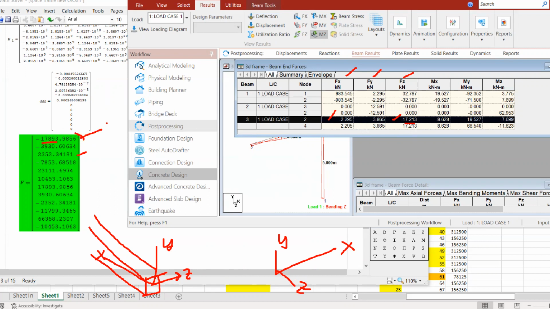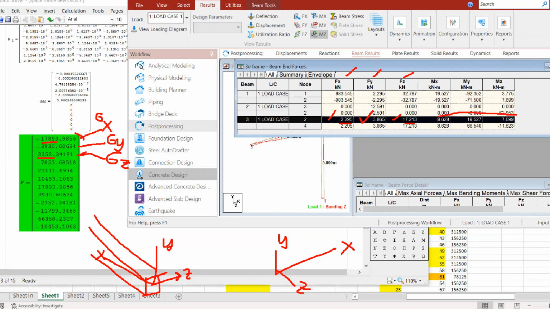This is along the global X, 17.9. This is along the global Y, 3.93, so Y is 3.9 here. And finally, this is parallel to the global Z, which is Fx in our local stiffness matrix convention. So 2.3 versus 2.3, it's the same.